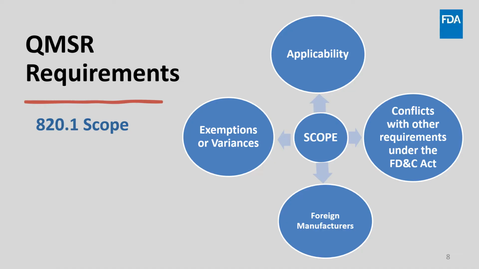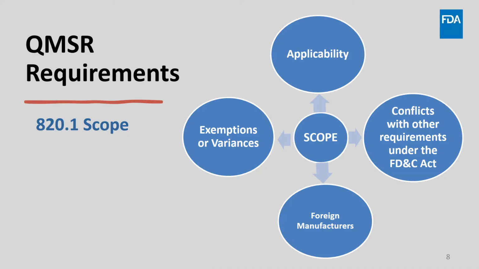The scope includes requirements for addressing any potential conflicts with other requirements under the FD&C Act or conflicts with clauses in the ISO 13485 standard and the FD&C Act or other FDA regulations. For example, the FD&C Act defines device and labeling, and ISO 13485 also defines those terms.